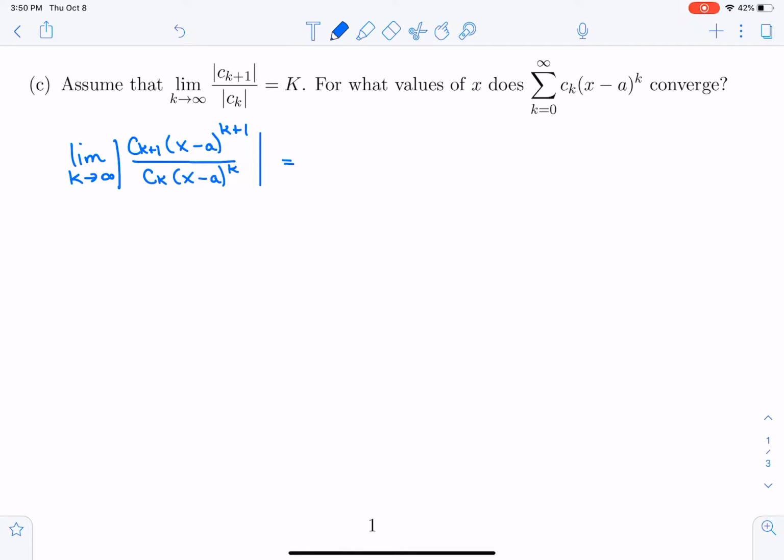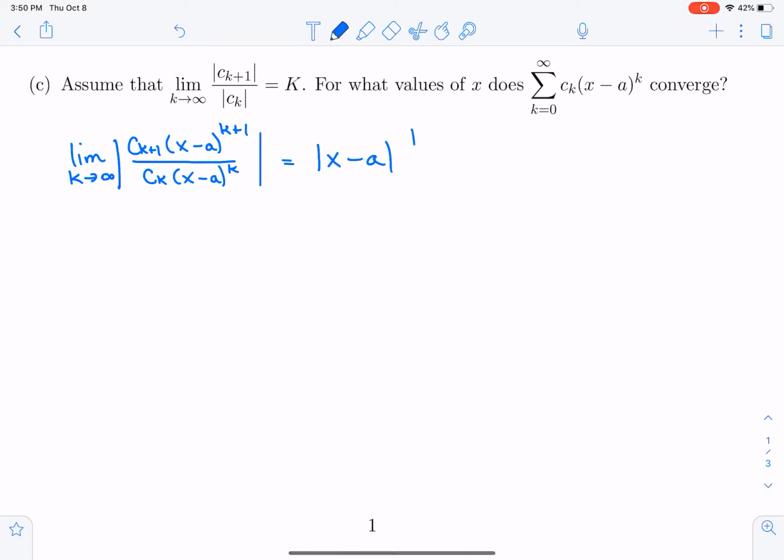Well, then note that (x minus a) to the k plus 1 over (x minus a) to the k is just going to be x minus a. And so we're going to take that in absolute values and take it outside of the limit because that does not depend on k.